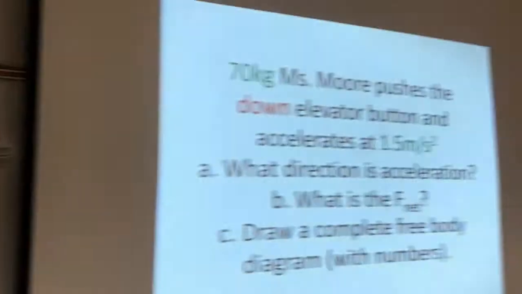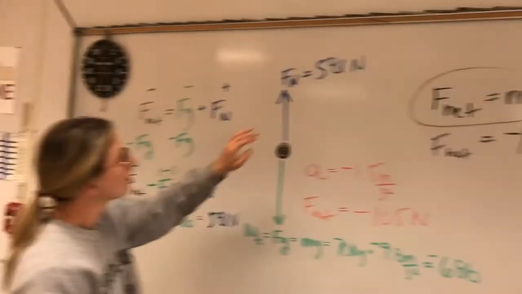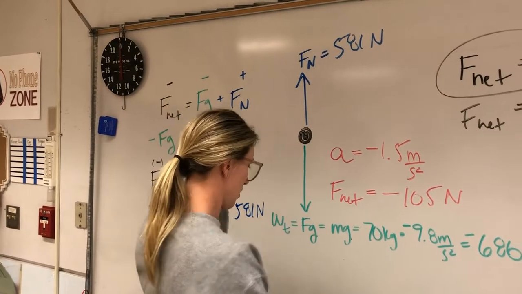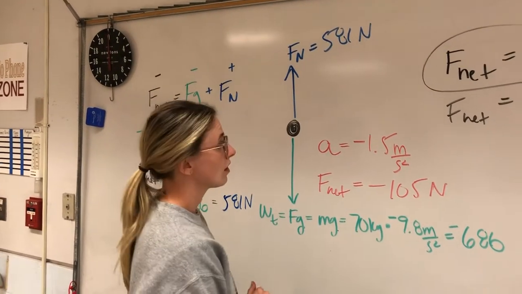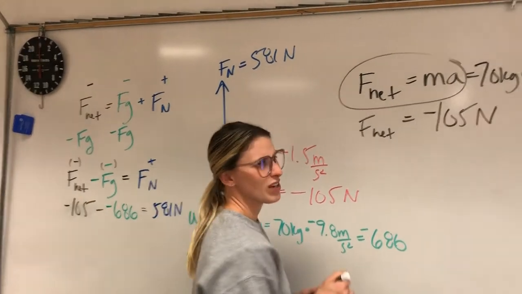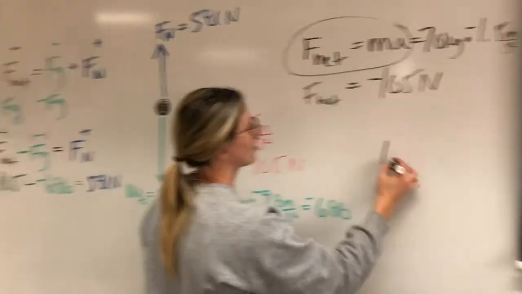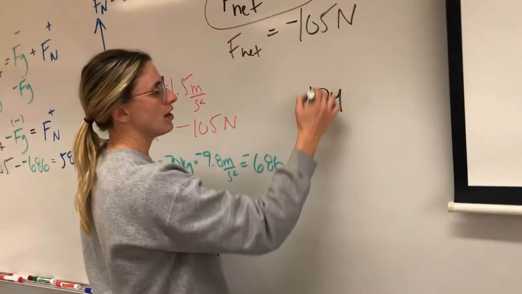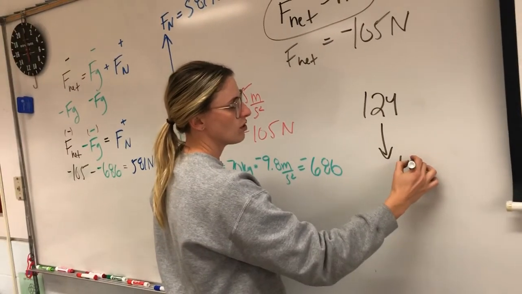And that's what we saw in the video. When the elevator started down, there was less weight, the scale showed a smaller force than the force of gravity. In the video, the guy started off at 124. He's a scrawny dude. He started off at 124, and as soon as it went down, he went to 118.